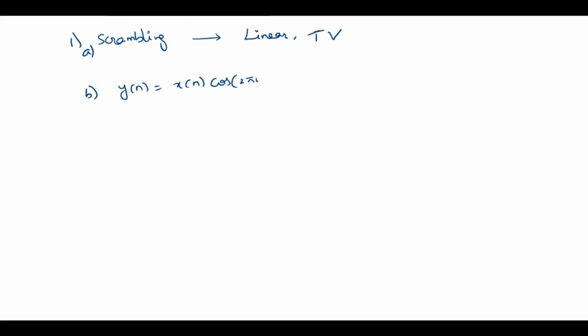Okay, now see, this system is satisfying the superposition principle. So it is linear, but the input output relationship is depending on the time parameter, so it is not time invariant.